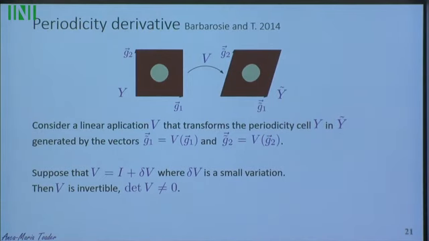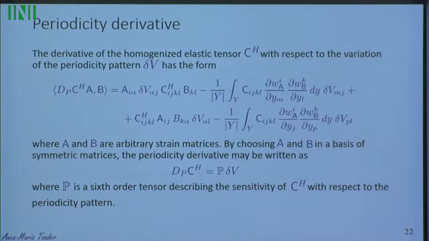In this case, we can ensure that it is invertible, having the determinant different from 0. And after long computations, we obtained this formula for the derivative of the homogenized elastic tensor with respect to the periodicity pattern, with respect to this variation delta V.